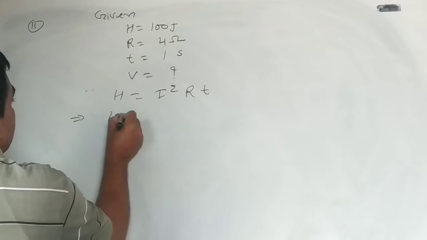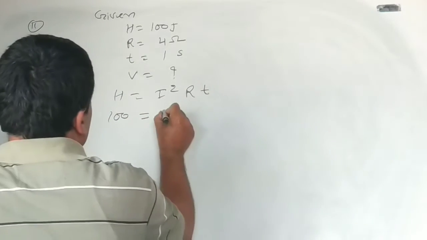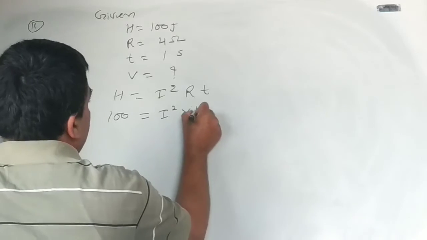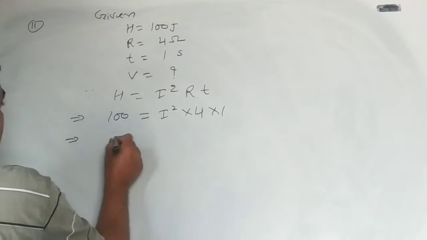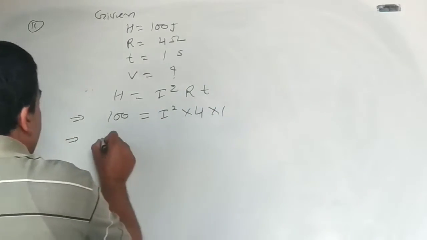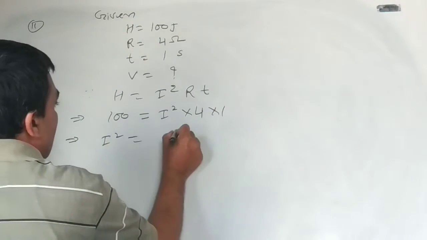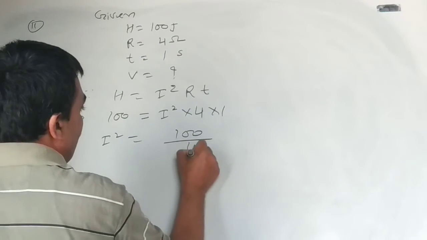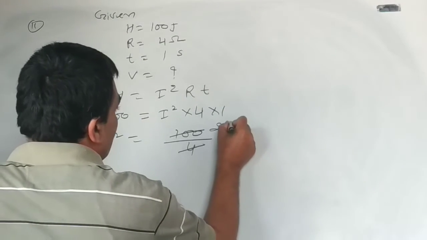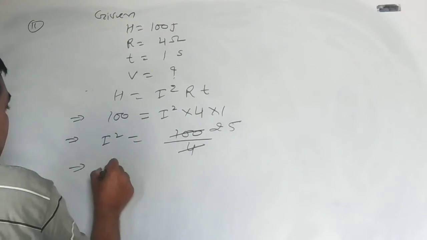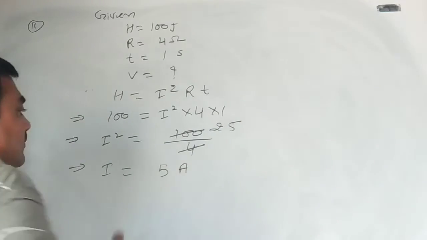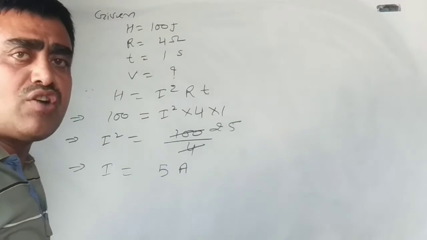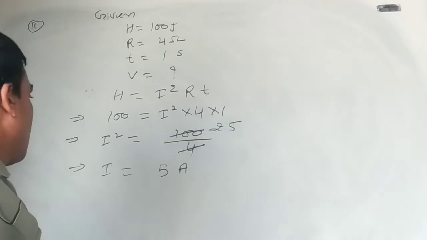That implies 100 is equal to I square into 4 into 1. That implies I square is equal to 100 upon 4, 25. That implies I is equal to 5 ampere. Ampere is the SI unit of current.